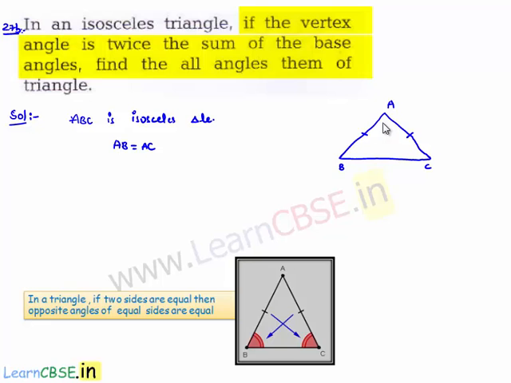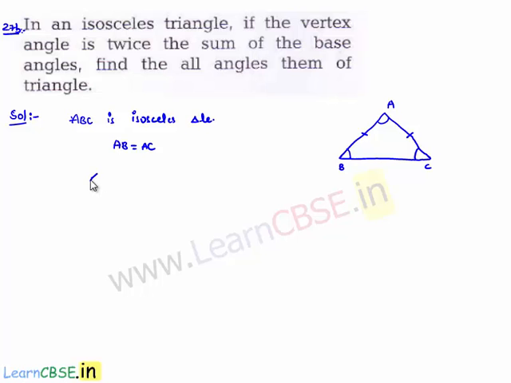It is given that the vertex angle A is equal to twice the sum of the other angles. That is, it has been given that angle A is equal to 2 times angle B plus angle C.